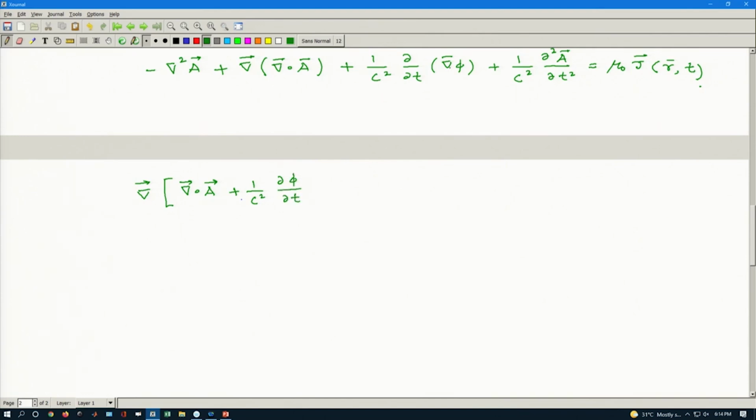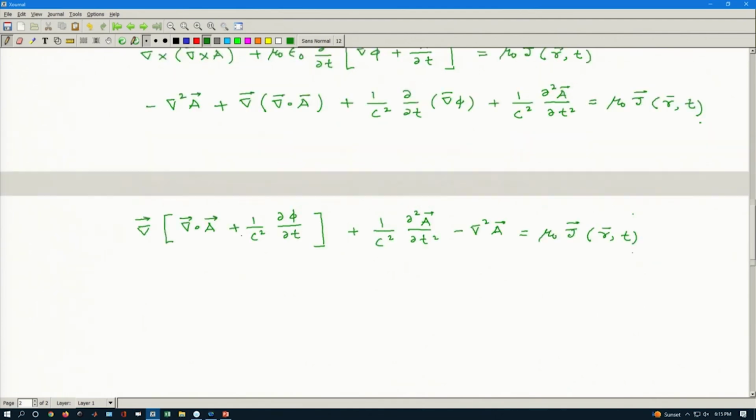I just extract the gradient out of this. This is one part of this. So, I write this part, and another part is like 1 by c square d 2 A dt square and minus Laplacian A, that is mu naught J of r and t. Okay. So, these are the two equations.